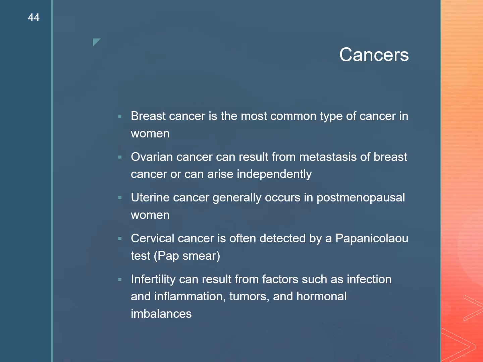There are various types of cancers associated with the female reproductive system. About 1 in 8 women eventually get breast cancer in their lifetime, which is often a form of adenocarcinoma.